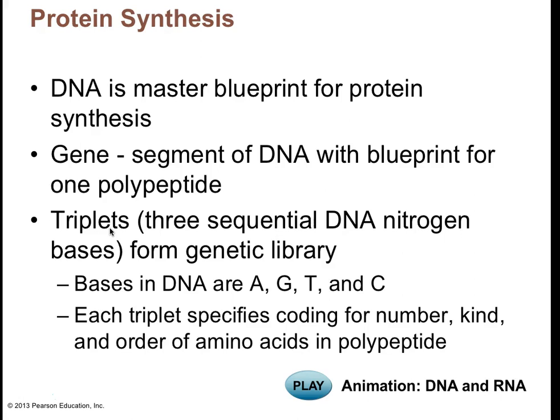And that is going to be the blueprint, which you're going to have to copy because the chromosomes are not allowed out of the nucleus. So you have to make a copy of the gene. That's going to be your messenger RNA.